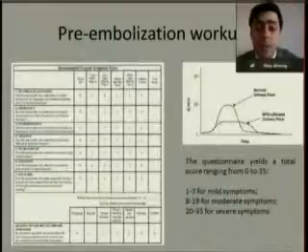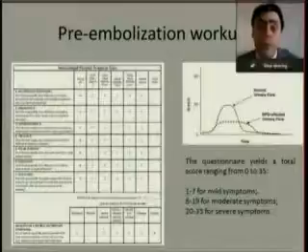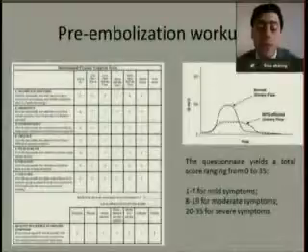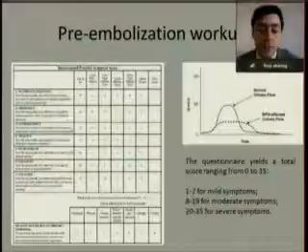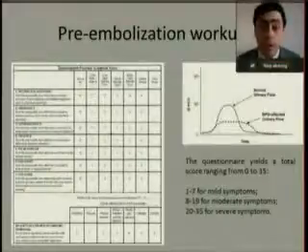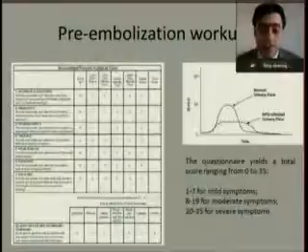The sum of the points represents the severity of the lower urinary tract symptoms. You can see on the right side, 1 to 7 is mild symptoms, 8 to 19 moderate symptoms, and 20 to 35 severe symptoms. And then at the end of the questionnaire, you have an additional question, the quality of life of the patient. Next slide.